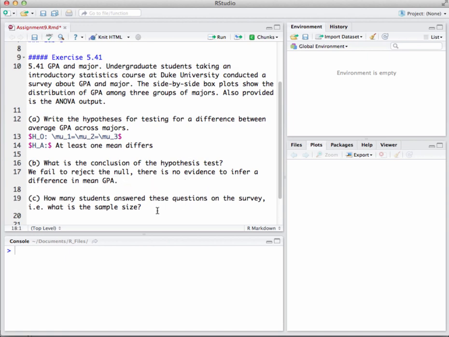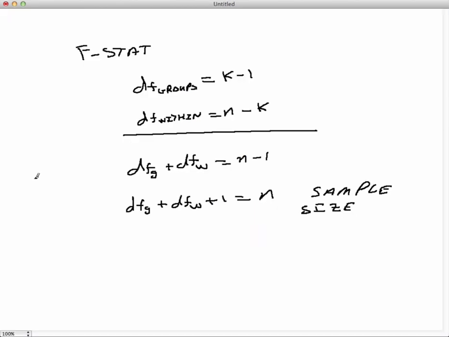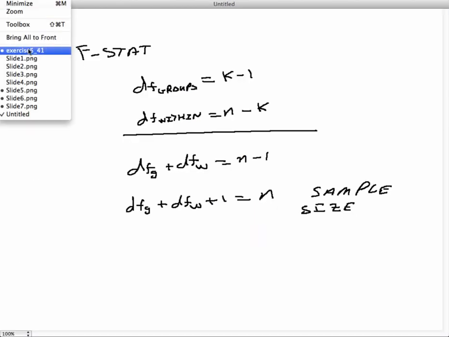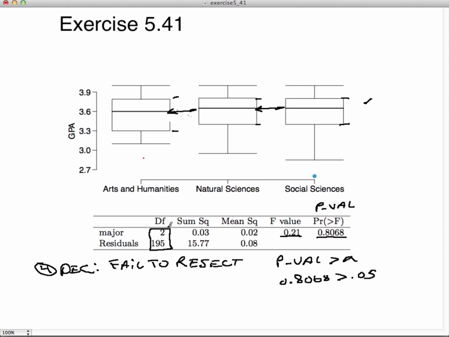All right, so last but not least, what was the sample size here? Okay, so let's go back for a second to our glorious slide here that gave us the numbers, and we noticed that there were 3 groups, and there was what? Our residuals, which turns out to be the degrees of freedom within.